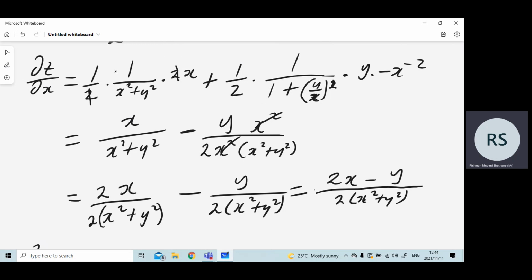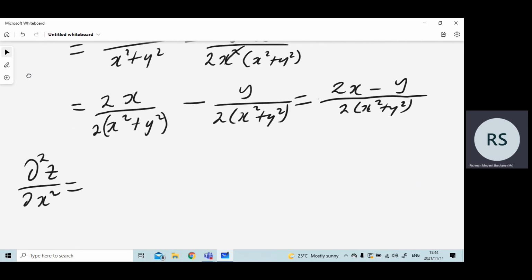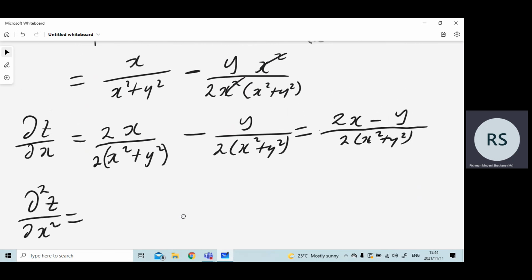Okay, this is my first partial derivative with respect to x, and then I want to find now the second partial derivative with respect to x, which is my first term. I'm going to find the second partial derivative with respect to x from the first partial derivative with respect to x. I would say this one.